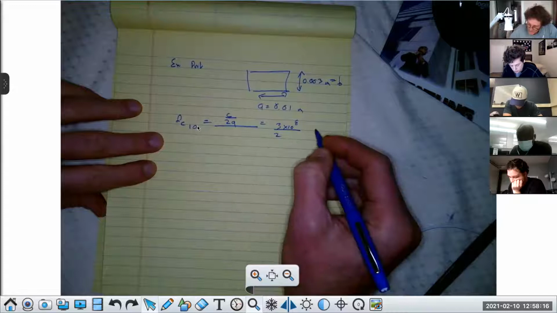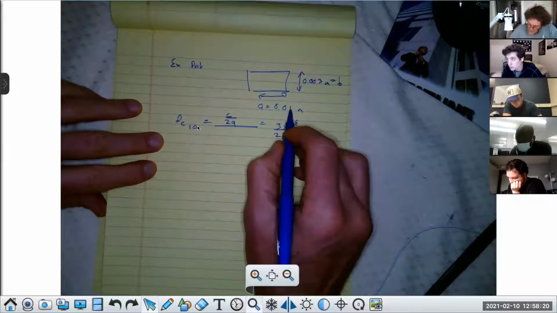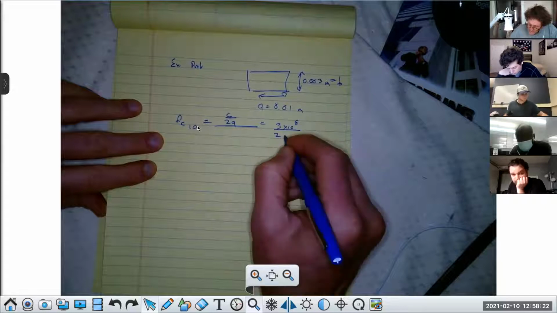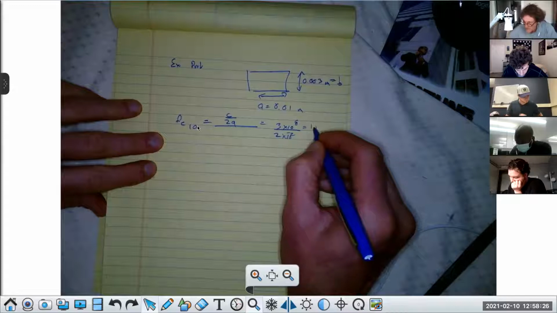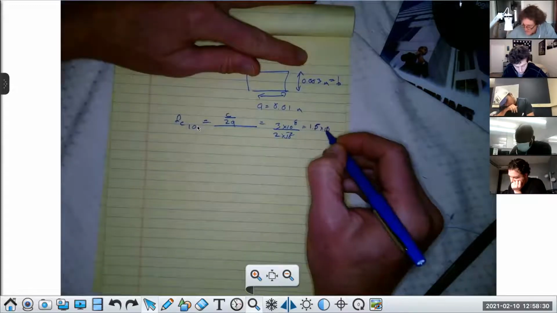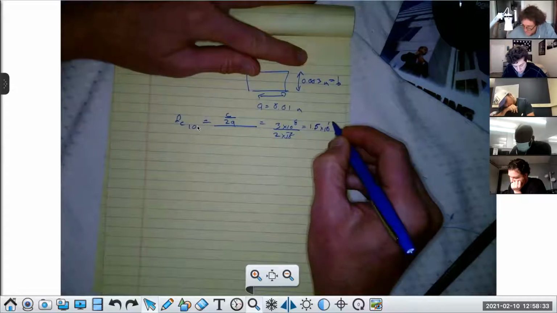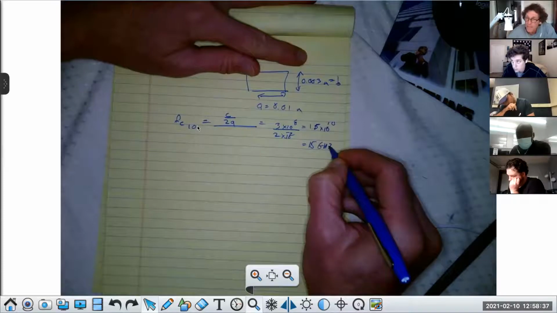So it's really 1 times 10 to the minus 2. It's 2 times 10 to the minus 2, right? And that means it's really 1.5 times 10 to the 10th, or it's 15 gigahertz. Do you all agree with that?